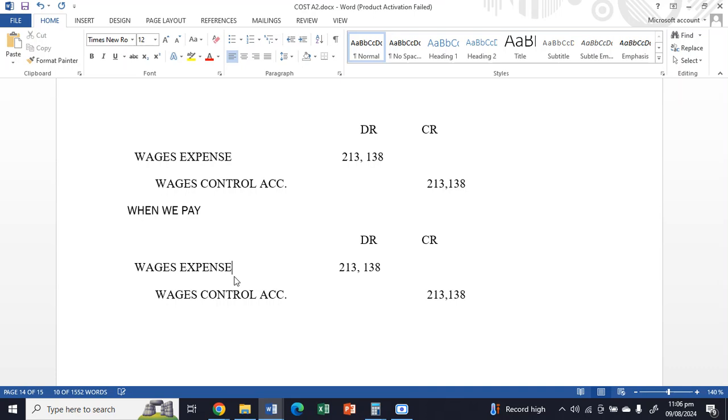You debit wages control, meaning a reduction in your liability, and you credit bank, a reduction in an asset. When I send this document, I'll put the T account. Just remember, all those entries we're doing go on the credit side of the wages control account.